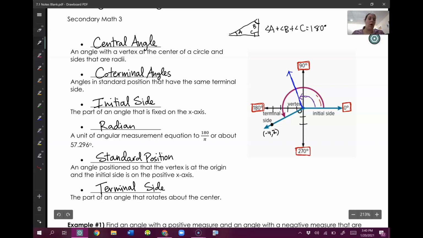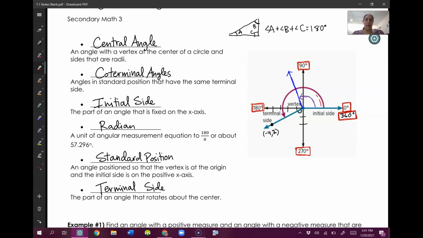And then if we go all the way back around, we end up with 360 degrees, because there are 360 degrees in a full circle. So we could say this angle right here looks like it might be like 100 degrees because it's a little past 90. So that's how we find angles on a coordinate grid now instead of on a triangle.